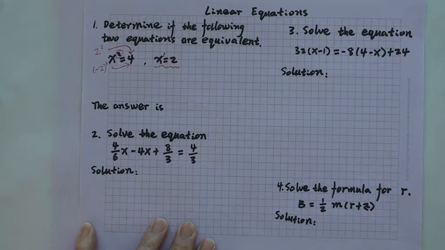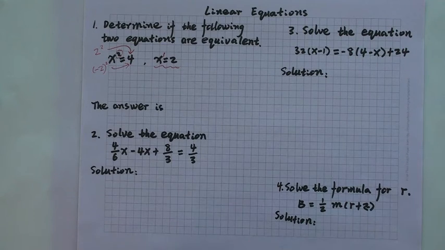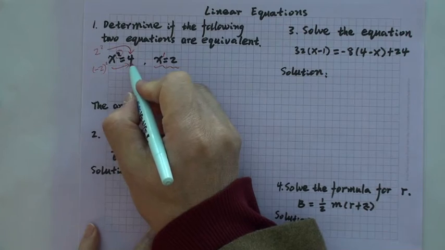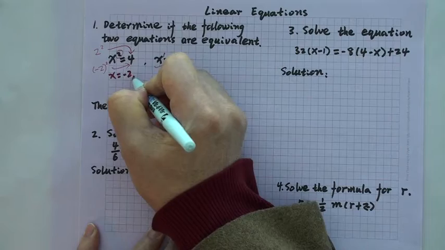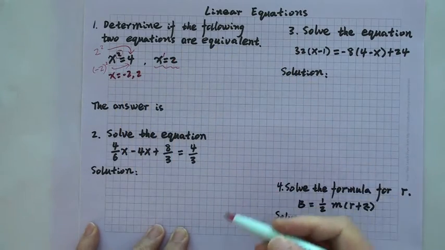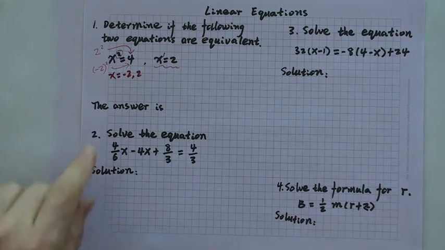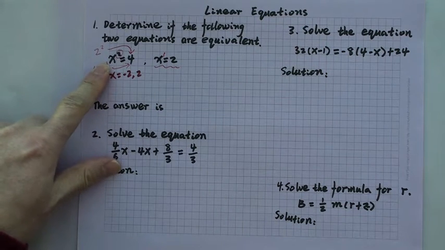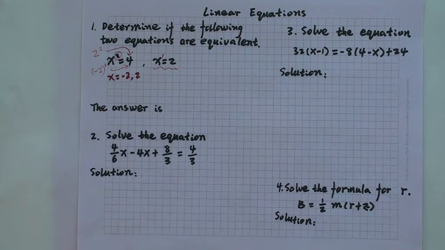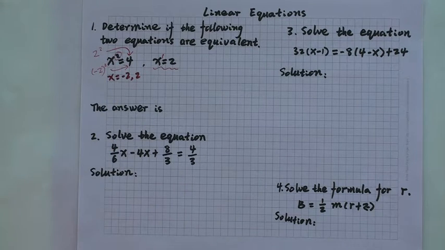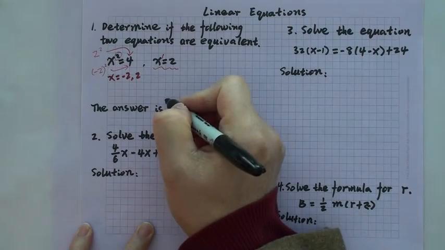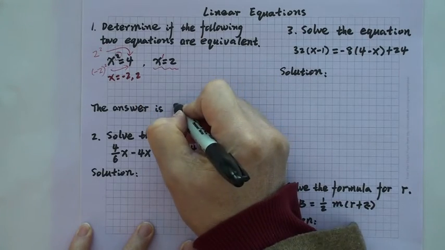So in this case, x squared equals 4 has two solutions: x equals negative 2 and 2. So there are two solutions for this equation, and one solution for the other one. X squared equals 4 is a quadratic equation. Later on, you will see that. So the answer would be no.